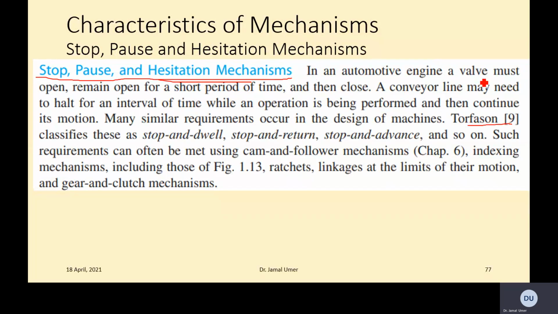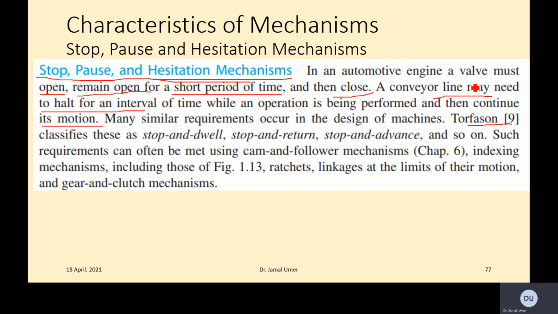In an automotive engine, a valve must open, remain open for a short period of time, and then close. So you see, a valve in an automotive engine has to do a series of different works. A conveyor line may need to halt for an interval of time while an operation is being performed, and then continue its motion.